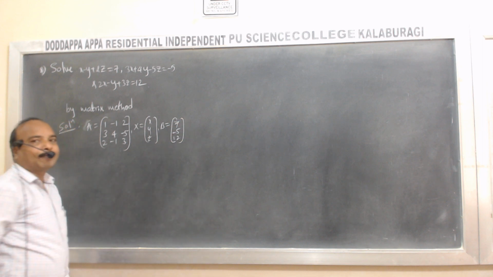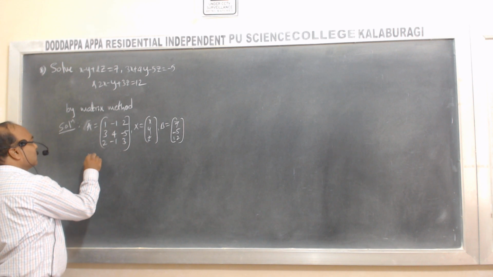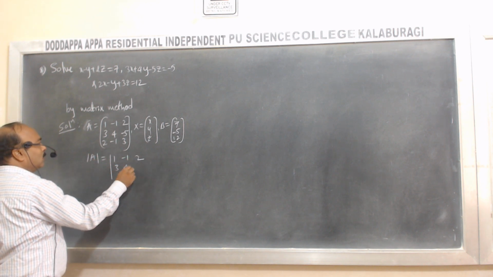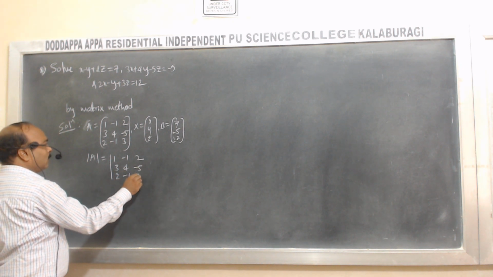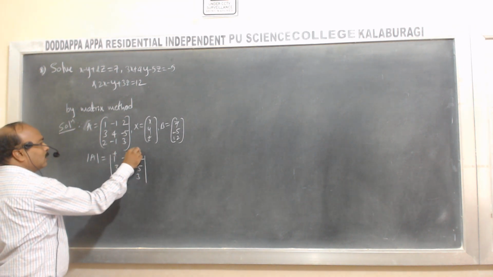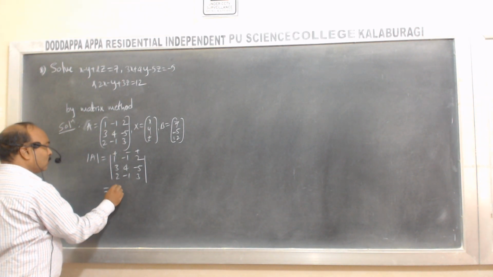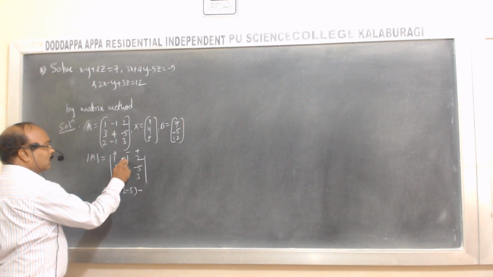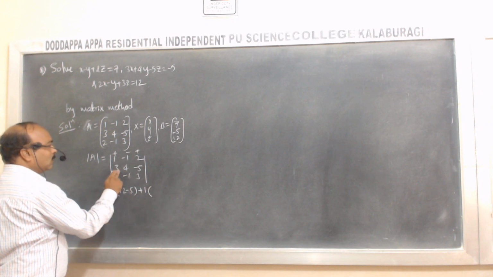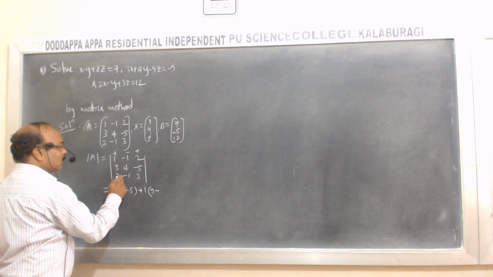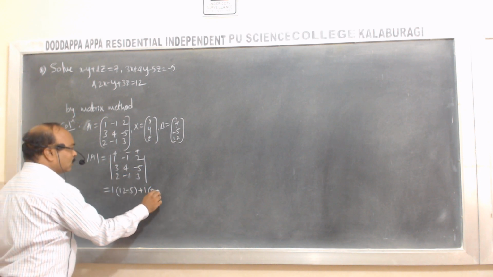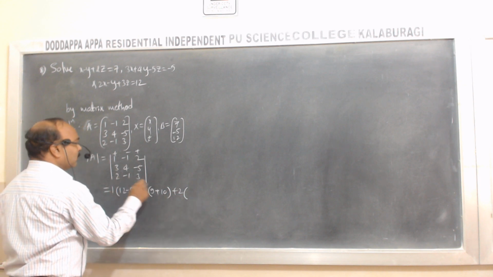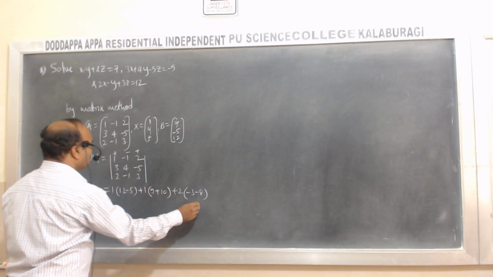Now we find the determinant of A. Determinant of A is given by 1 minus 1 2, 3 4 minus 5, 2 minus 1 3, with signs plus minus plus. So it is 1 into 12 minus 5, minus into minus, plus 1, it is 9, minus into minus, plus 10, plus 2 into minus 3 minus 8.